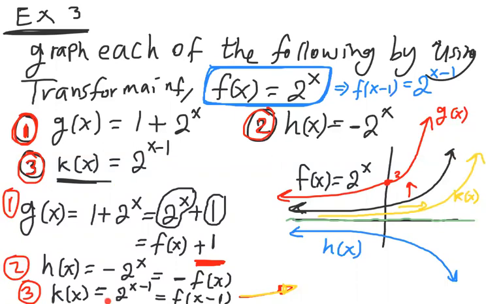So k of x is equal to 2 to the x minus 1, and that is the same as f of x minus 1. The function f of x is the black one, but we shifted it to the right 1 unit because the 1 is inside the function, inside the parentheses. Is it clear for all? Any question?